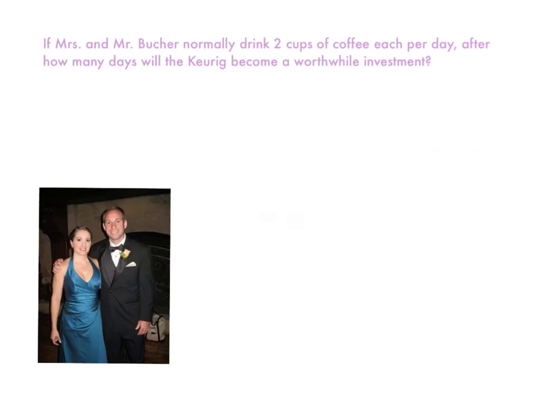So if Mrs. and Mr. Bucher normally drink 2 cups of coffee each per day, after how many days will the Keurig become a worthwhile investment? So we already know that it's 150 cups in order for them to break even. Well, if he and I each drink 2 cups of coffee per day, that's 4 cups of coffee drank per day.